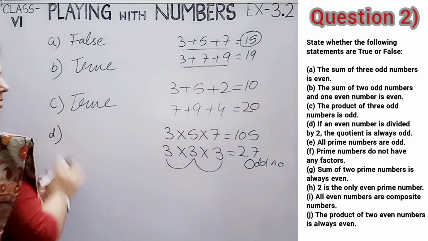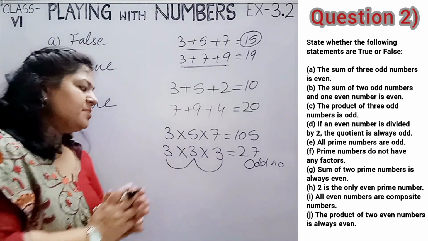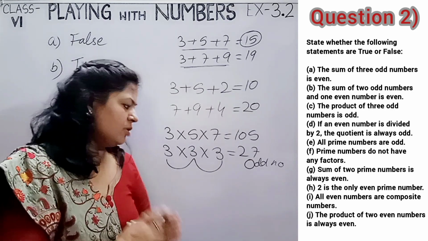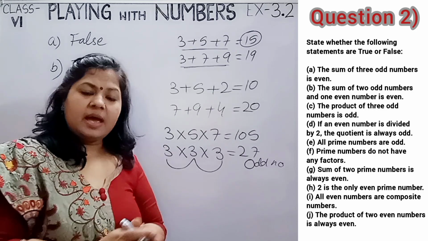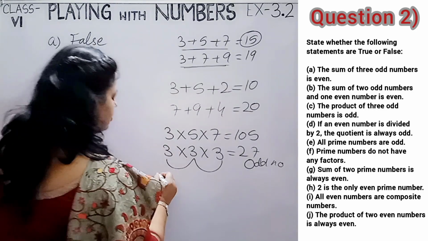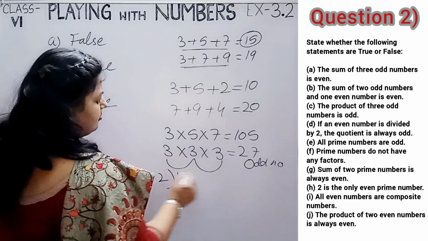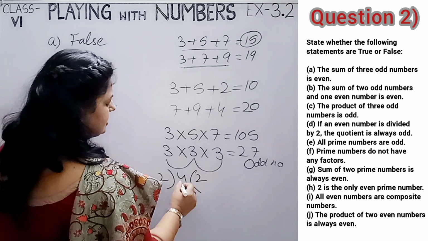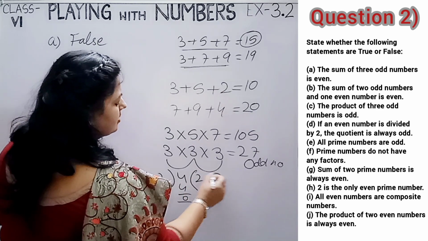D. And D is, if an even number is divided by 2, the quotient is always odd. Here we have to take even number and divide by 2. We have to see the result. So here 4 is an even number and we have to divide by 2. The result is, this is quotient, is our even number.